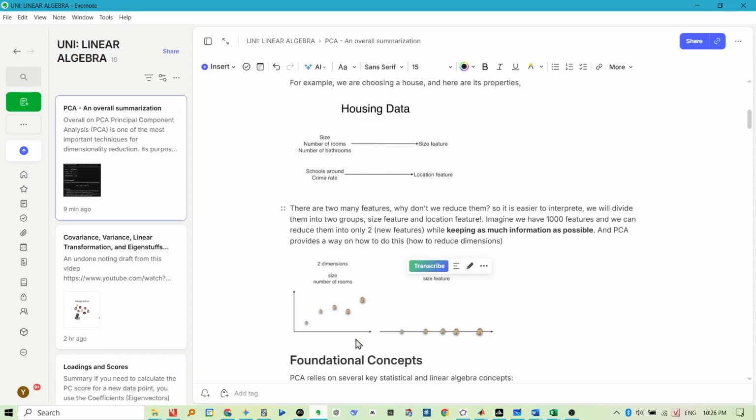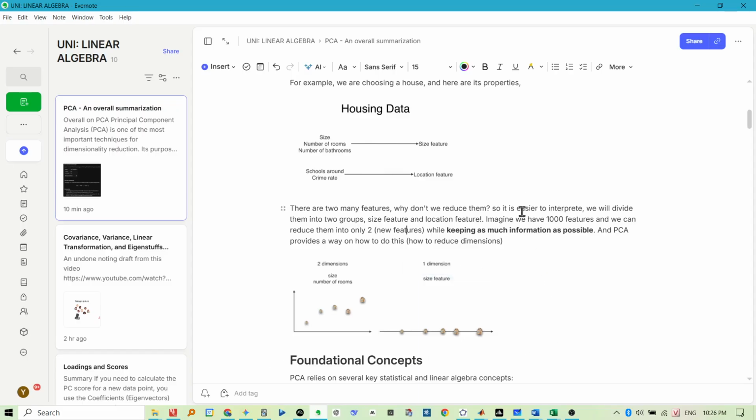This axis represents the number of rooms, and the axis perpendicular to that axis is the number of bathrooms. We project these points onto this line right here, and we get the 1-dimension representation of that exact piece of data. We project and we get 1 dimension. We call it the size feature.